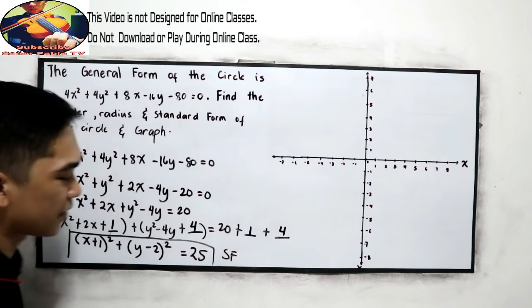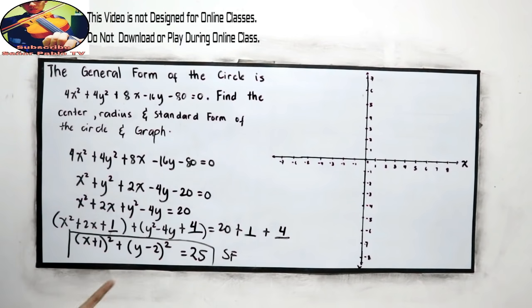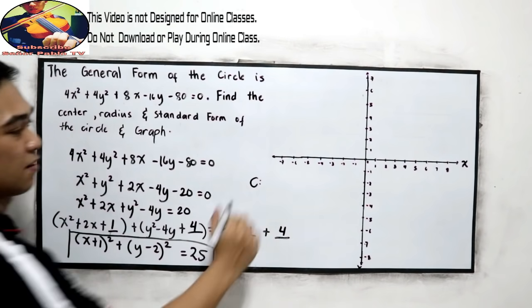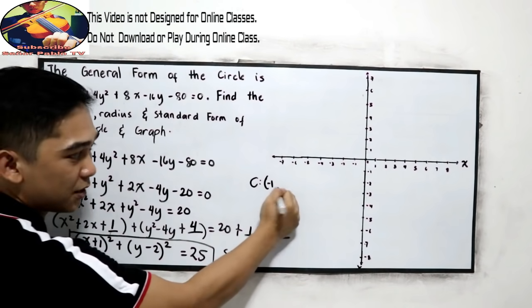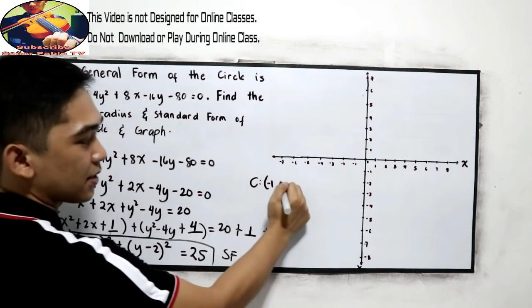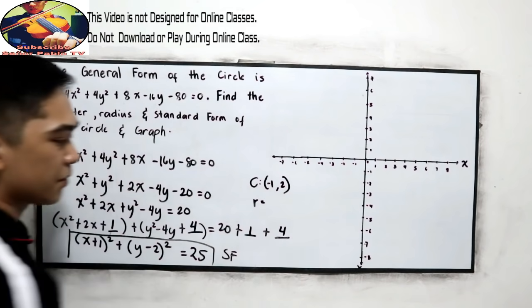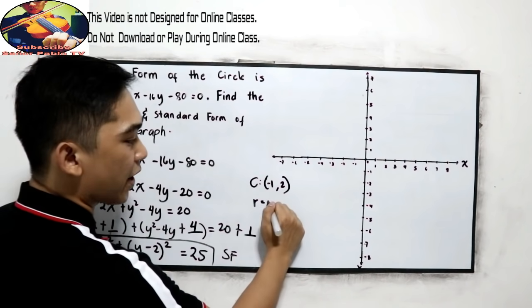Standard form. Let us find the center and the radius. The center is, change the sign, so negative 1 and positive 2. And our radius is square root of 25, that is positive 5.